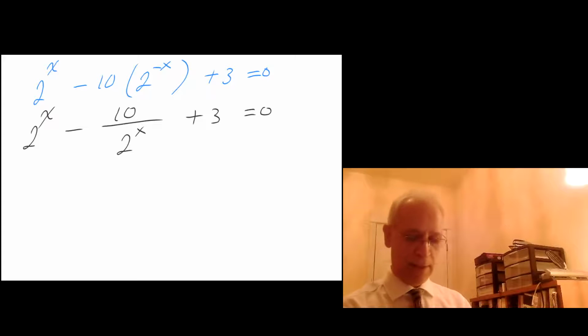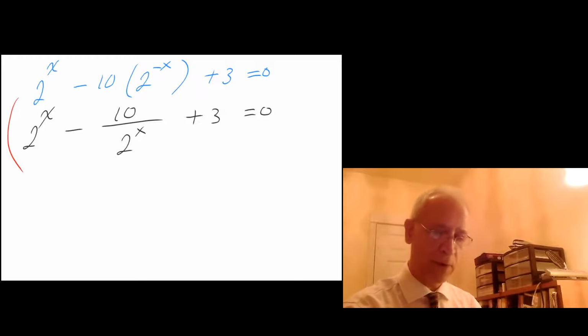And now that I have this, I can easily see that my least common denominator is 2 to the power of x. So I'm going to multiply both sides of this equation by 2 to the power of x.